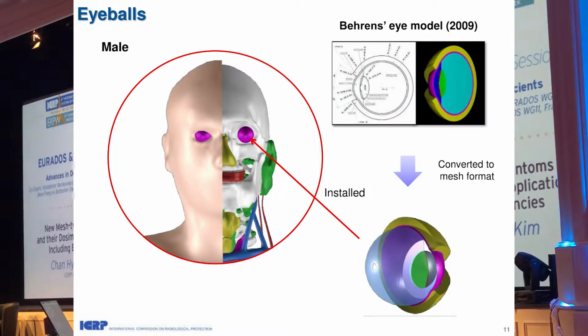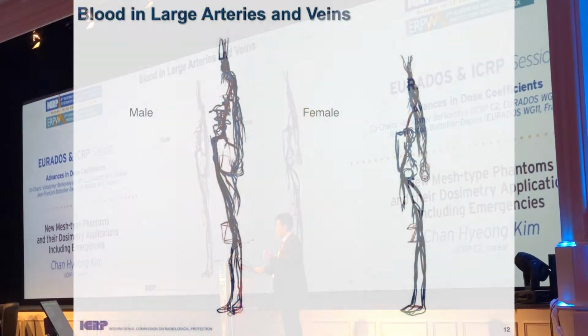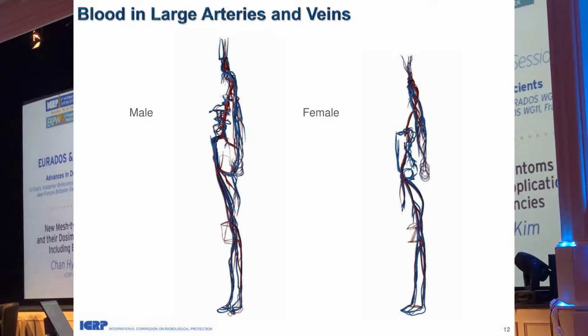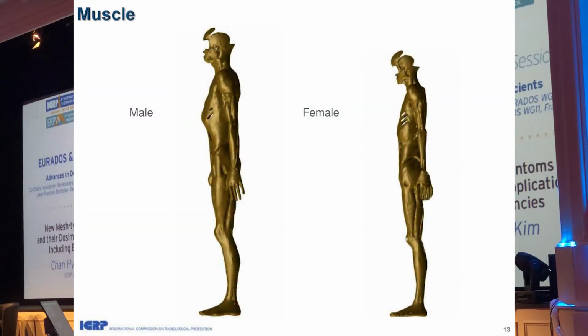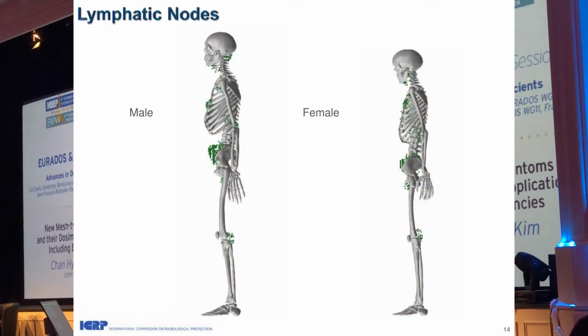This slide shows the Bolch eye models installed in the mesh phantom. These are the blood models in large arteries and veins, and the muscle models, lymphatic nodes.